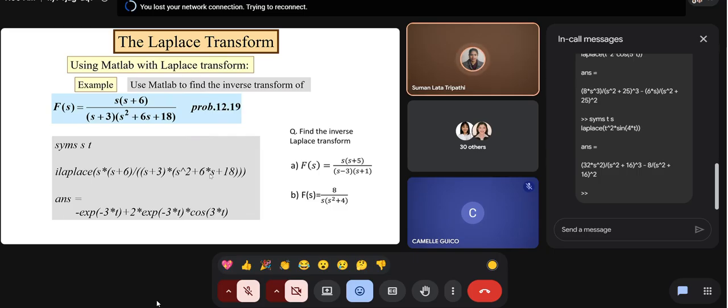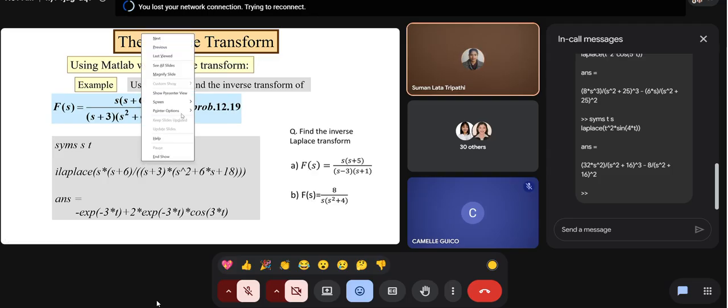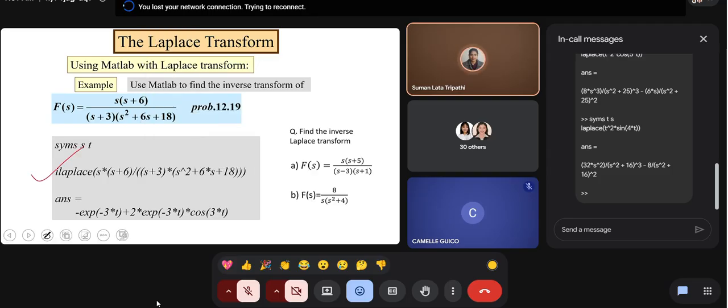Once it is complete, let me know. First, you should do this with the known expression. The expression is this one, and then you should do the questions.